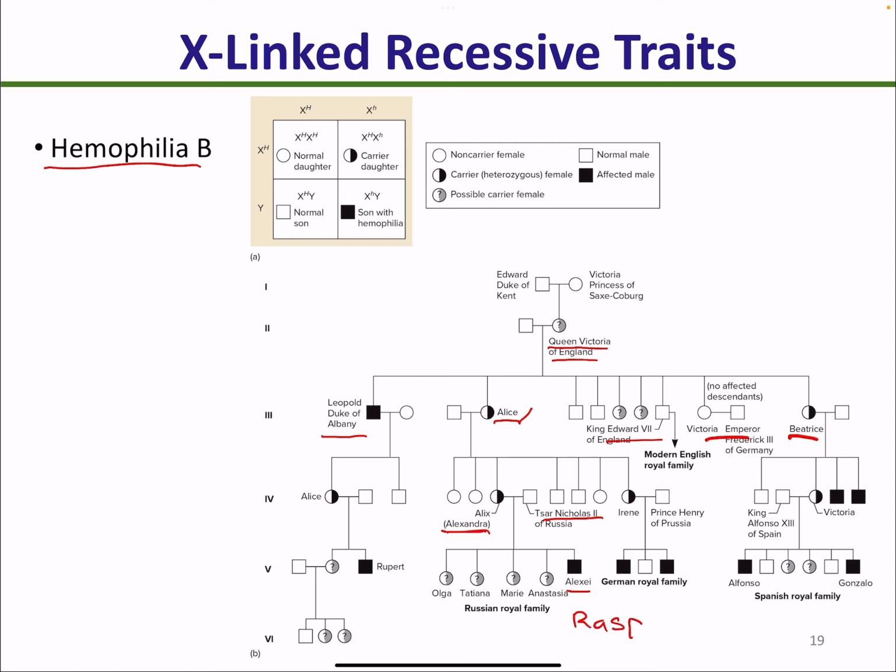Rasputin claimed that he could cure Alexei's hemophilia. So Rasputin actually became very influential and caused the Tsar to make a bunch of political mistakes, political mistakes that actually cost him the throne.